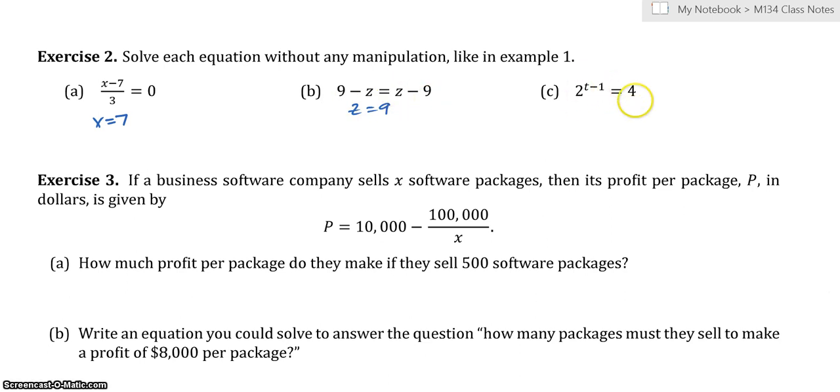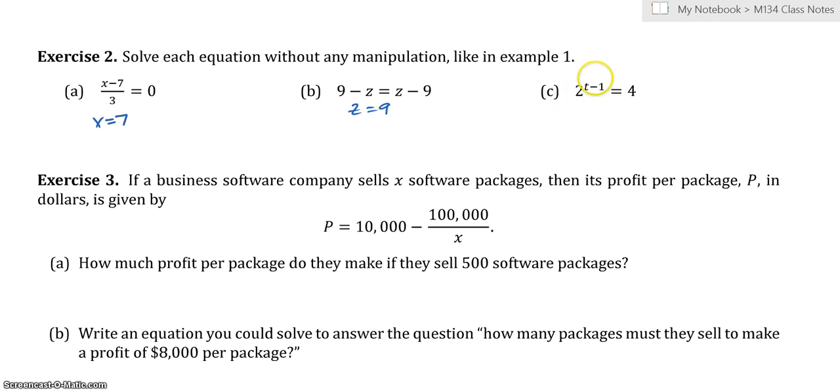Oh, and exponents. Some of these, I think we could actually do this one. But this one right here, we've never learned how to do. We're going to learn how to do this at the end of class, the very last chapter. This means 2 raised to the t minus 1 is 4.